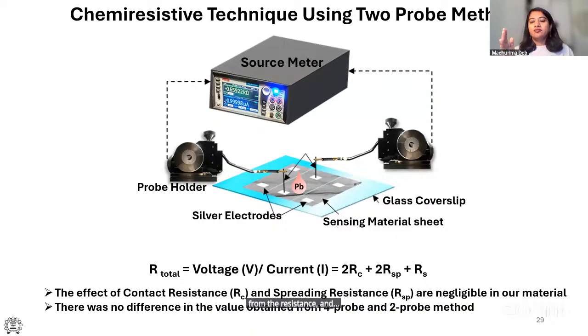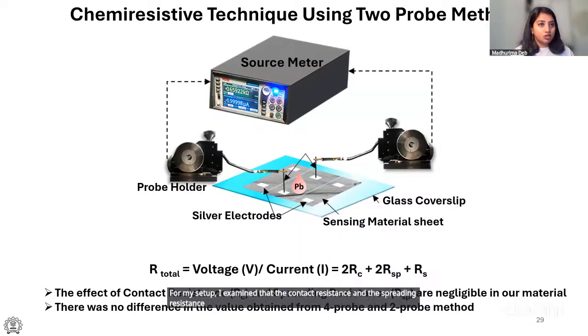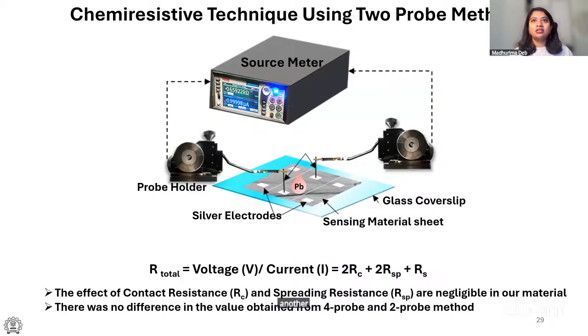For my setup, I found that the contact resistance and the spreading resistance were negligible for the material we were using, another very good point for using graphene. For that reason, I chose to neglect these two parts and only take the remaining part of the R total.